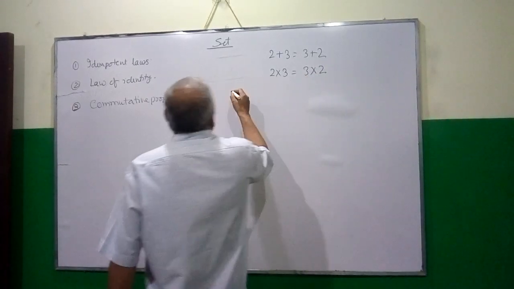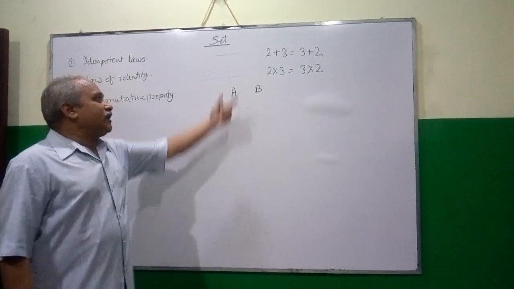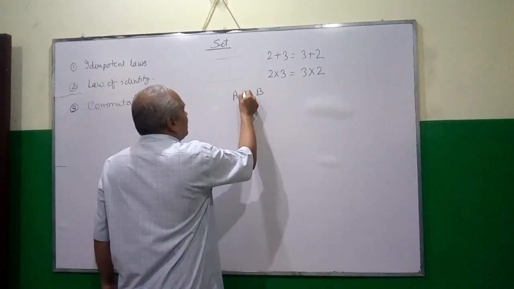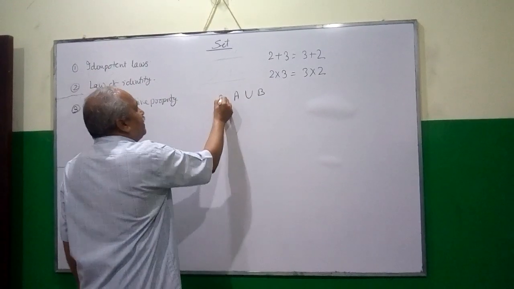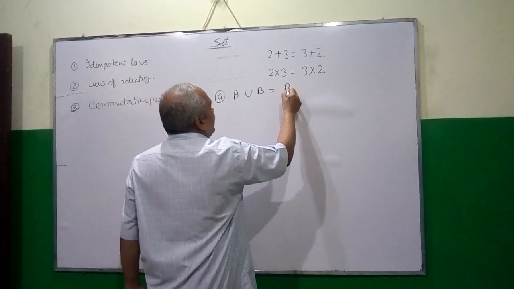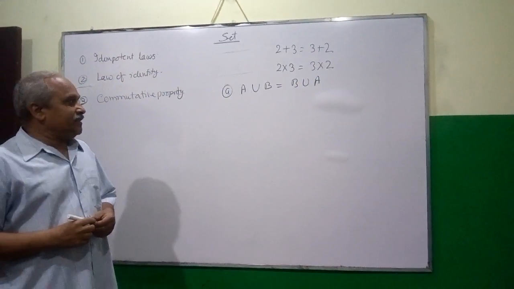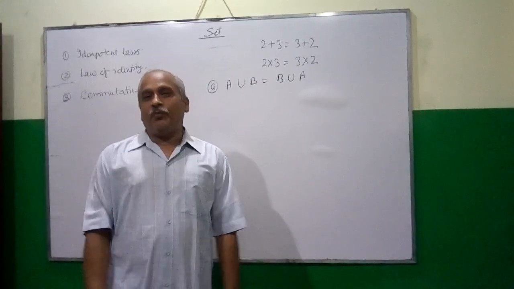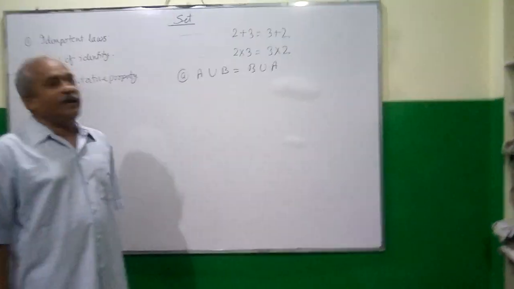In sets, we take two sets A and B. In place of two numbers, we take two sets, and the operation is, suppose, union. A union B equal to B union A. Commute means interchange. In Hindi, the appropriate word is kram binimay niyam.